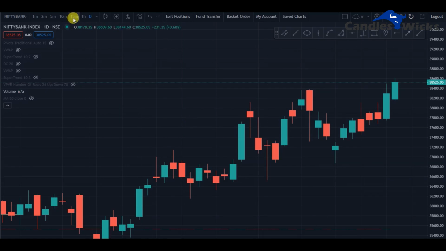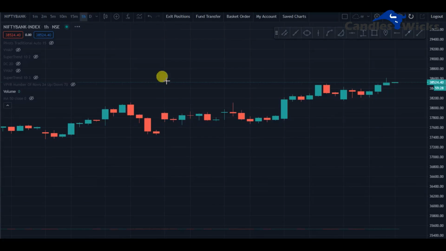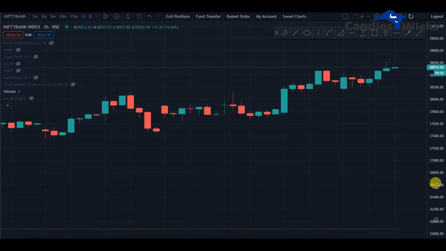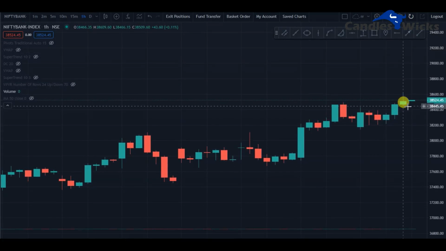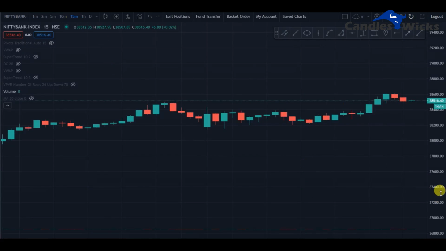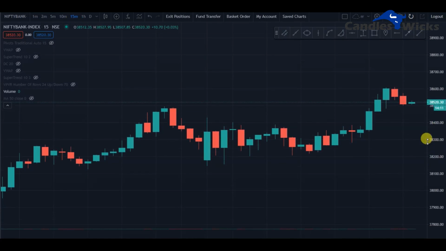Now if we select 1 hour, then this candle is 1 hour and this is the current candle, this is the previous 1 hour and this is the previous 1 hour. Now if I select 15 minutes, you can see that this is the current candle, this is the last 15 minutes candle and this is the previous 15 minutes candle.